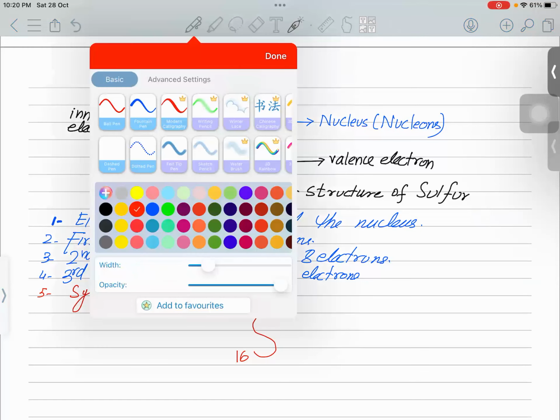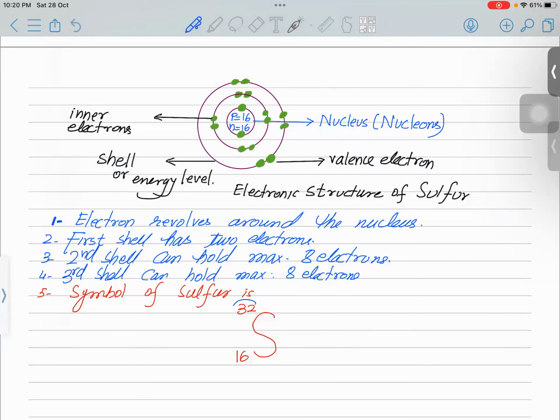This 32 indicates the nucleon number, and this 16 indicates the proton number.